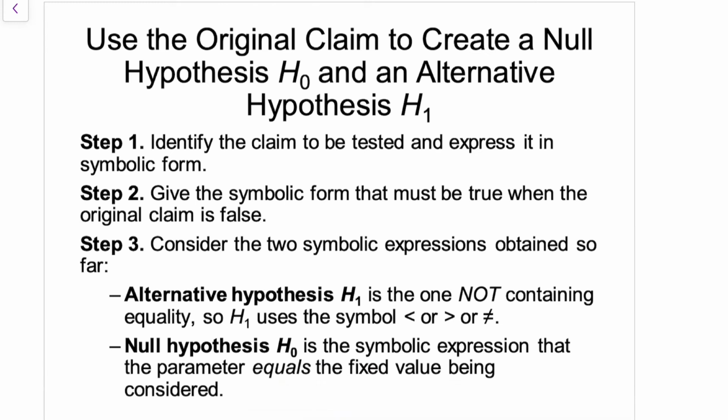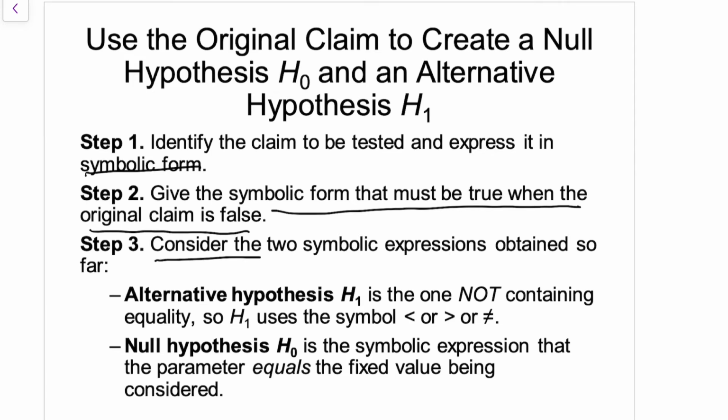The first three steps require further explanation. How do we turn the original claim into a null hypothesis and alternative hypothesis? First, we need to identify the claim to be tested and express it in symbolic form. Next, we must give the symbolic form that must be true when our original claim is false.